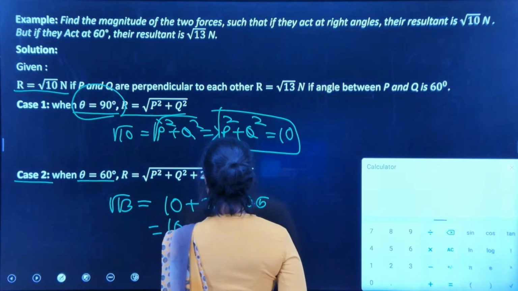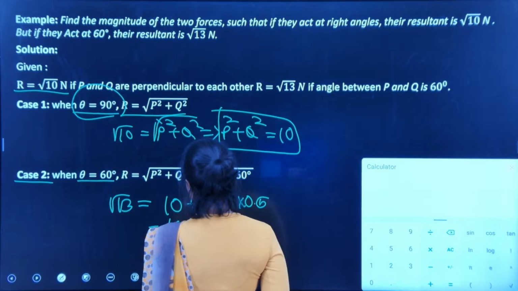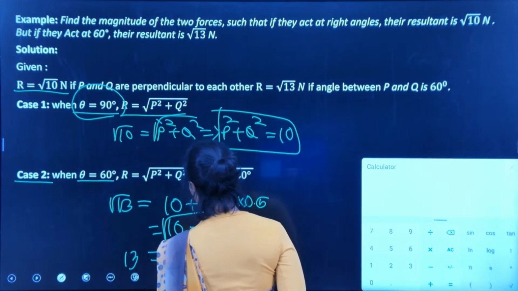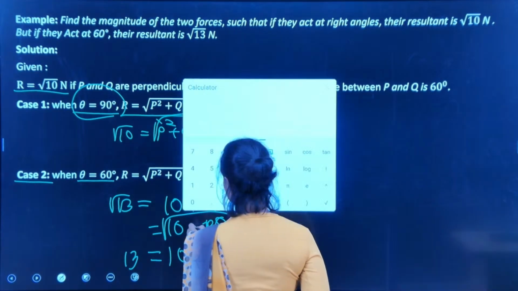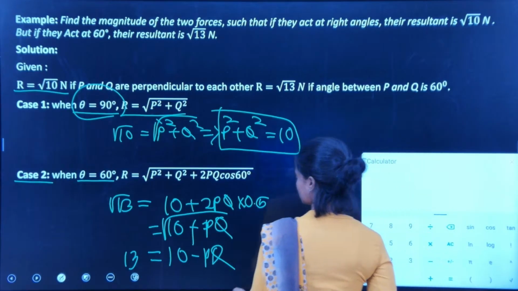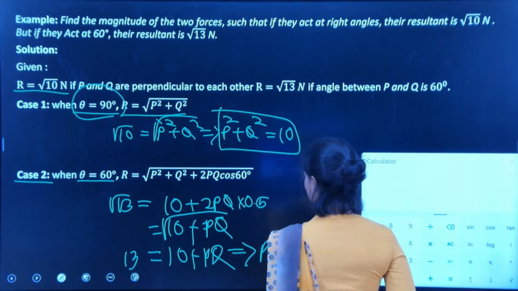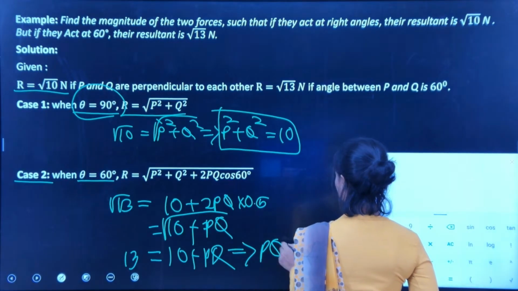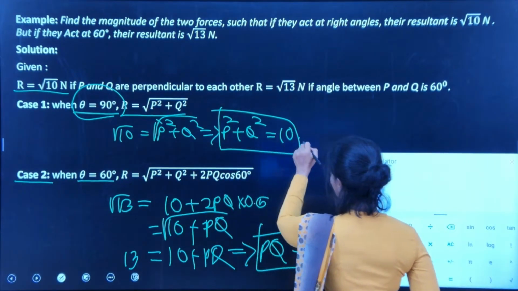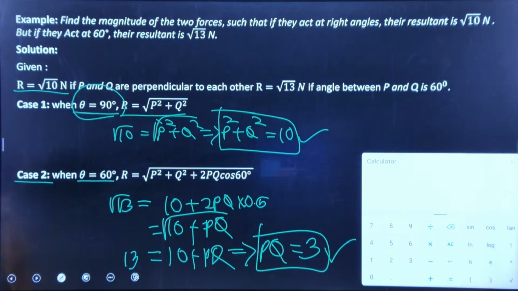So this becomes 10 plus PQ, and 13 is equal to 10 plus PQ. So PQ is 13 minus 10, which is 3. Let's save this data also. We have P square plus Q square as 10 and PQ as 3, right?